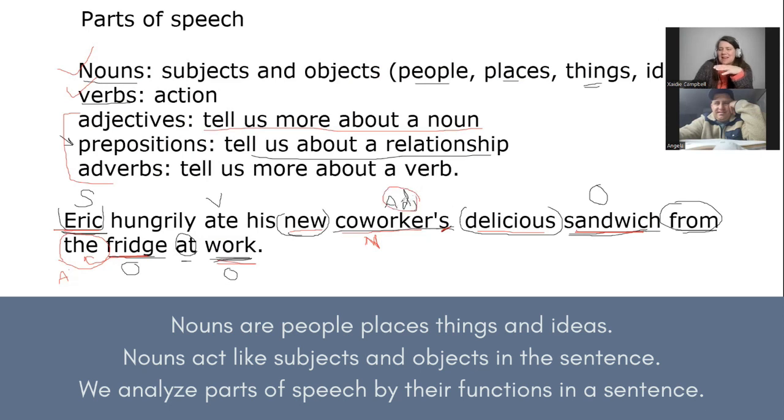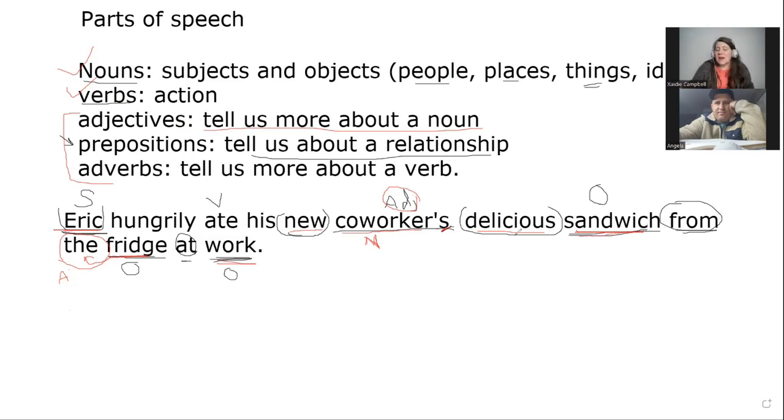So coworker is a noun, a person, place, or thing, but we're still talking about the sandwich. So I can say, what kind of sandwich? A delicious sandwich. So sandwich is a noun too. Sandwich is a noun, yes. I was confused because you put object. Nouns are objects.